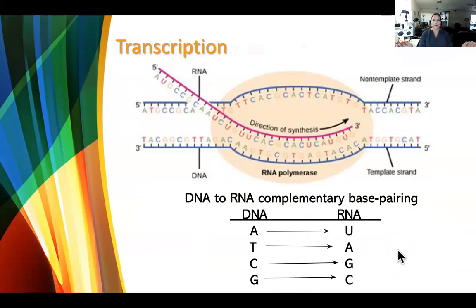Remember, DNA opens up. The RNA polymerase adds RNA nucleotides to the growing strand of RNA. And then after that is complete, the RNA is released and the RNA polymerase also releases from the DNA. The double helix goes back together, and now you have an RNA strand. Okay.